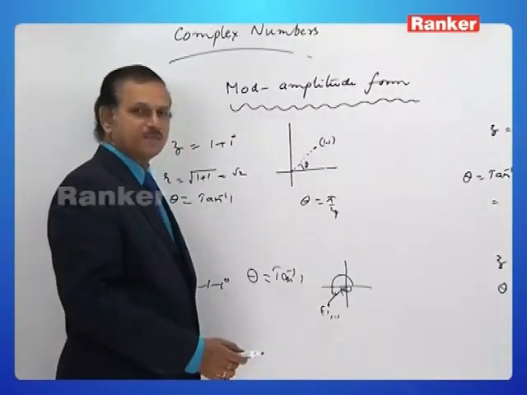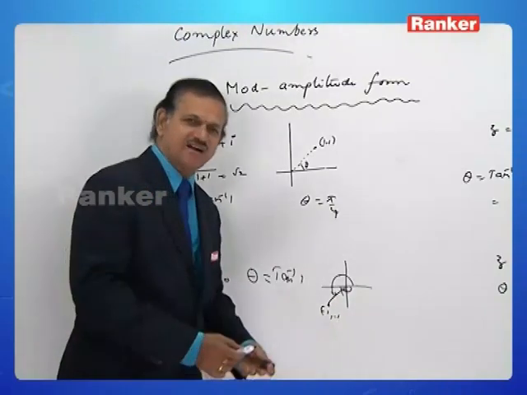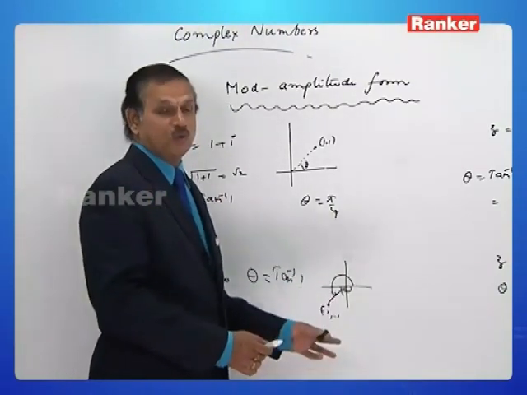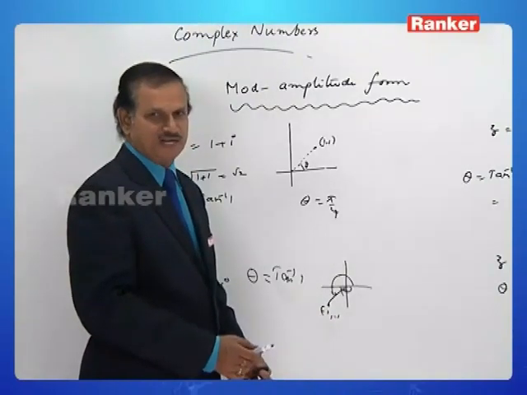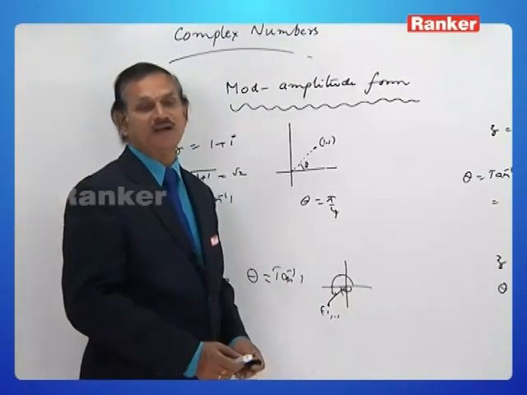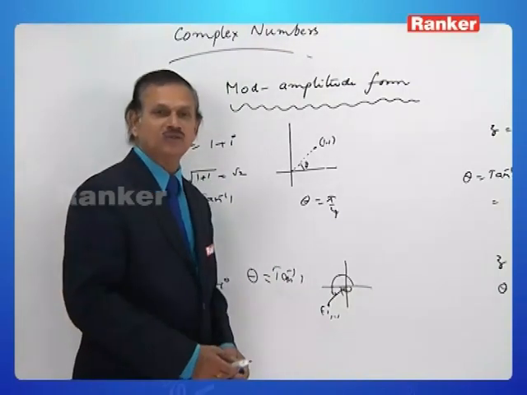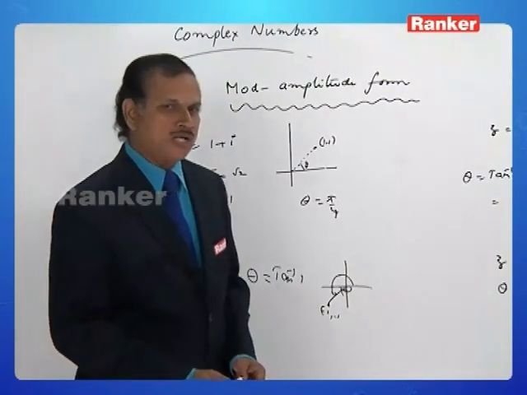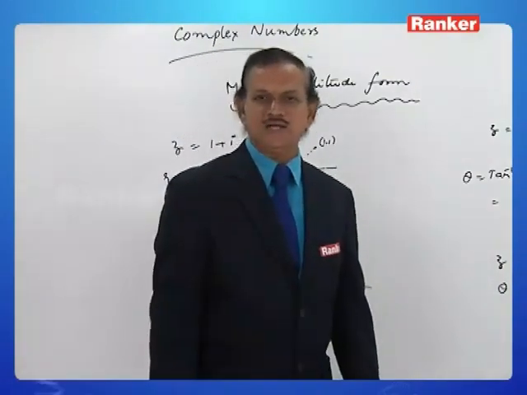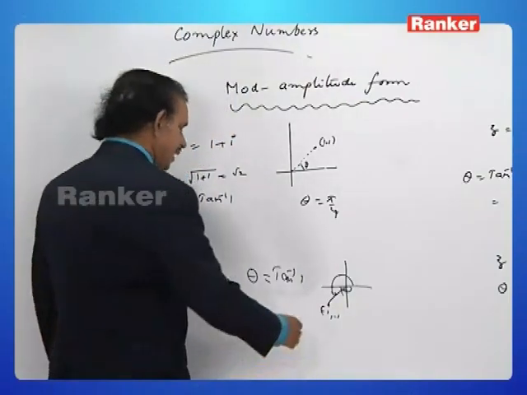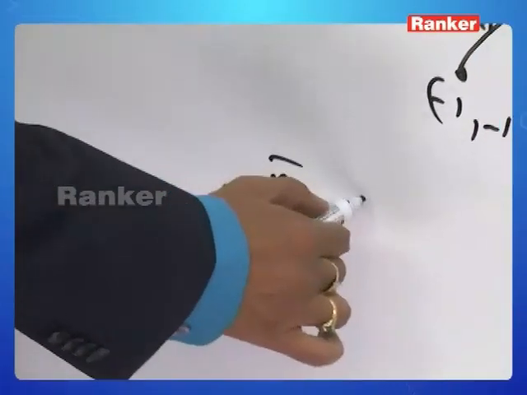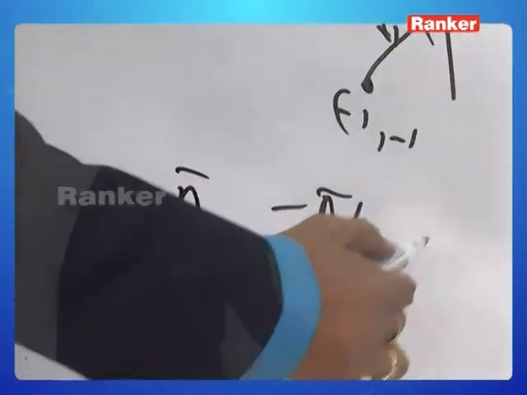Numerically smallest is supposed to be considered as the standard amplitude. If you take this, it is 225 degrees, 180 plus 45, whereas this is minus 135 degrees. The only consideration here is the numerically smallest value. Therefore, here the amplitude theta lies between minus pi and minus pi by 2.